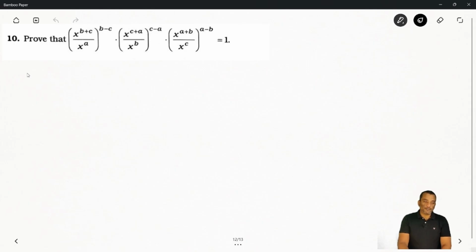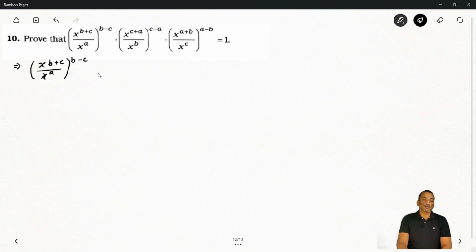So the simple way, first here what we have to do, we can write the question first. The question is x to the power b plus c by x to the power a, and whole is b minus c.